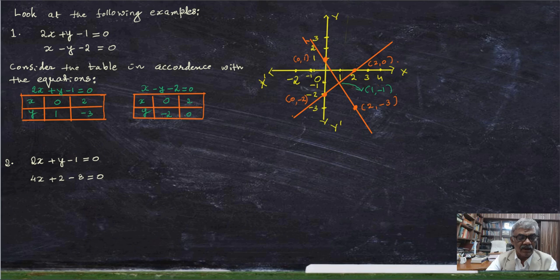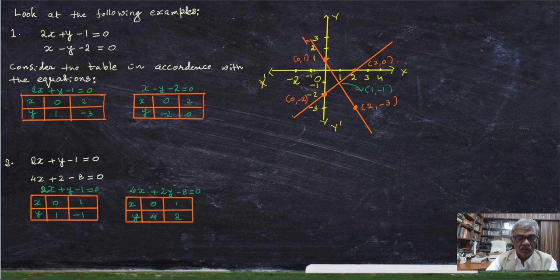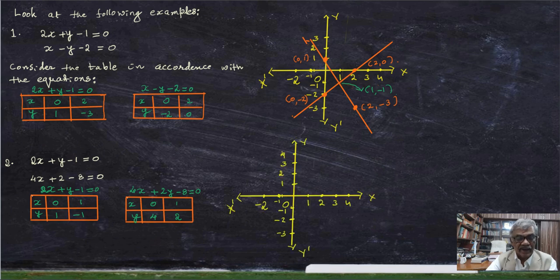I have given a second example here, and in a similar fashion we can have a table of values for x and y. For this also we are going to consider coordinate axes as above, and plot the points as well as draw the lines accordingly.